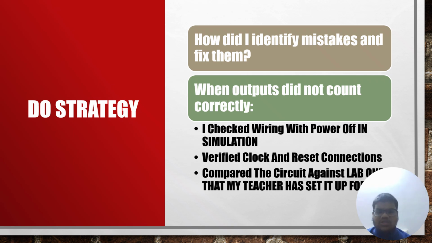So when the counters did not operate correctly, I quickly identified my faults by checking the wires with the power switched off, verifying the clock, resetting the connections, and comparing the circuit to the real life circuit that was shown to me by the teachers. This systematic approach helped me to correct wiring errors and eliminate all the glitches.